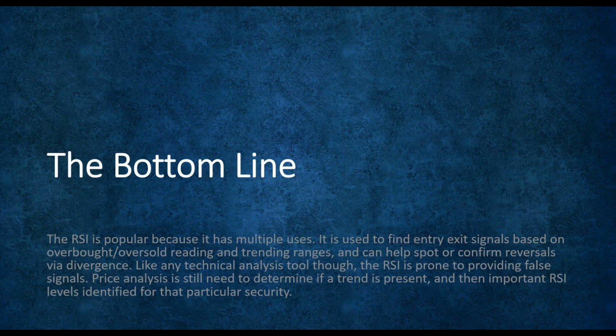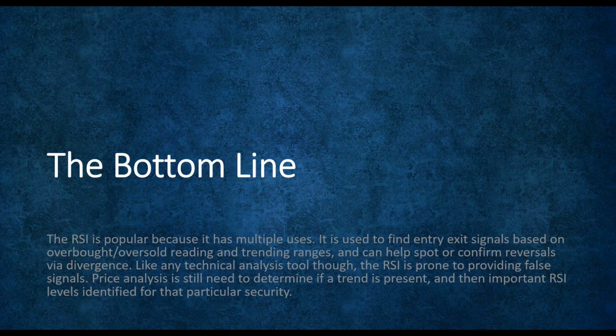It is used to find entry and exit points based on overbought and oversold readings in trending markets. It can help spot or confirm reversals via divergence. Like any other technical analysis tool, though, RSI is prone to providing false signals.